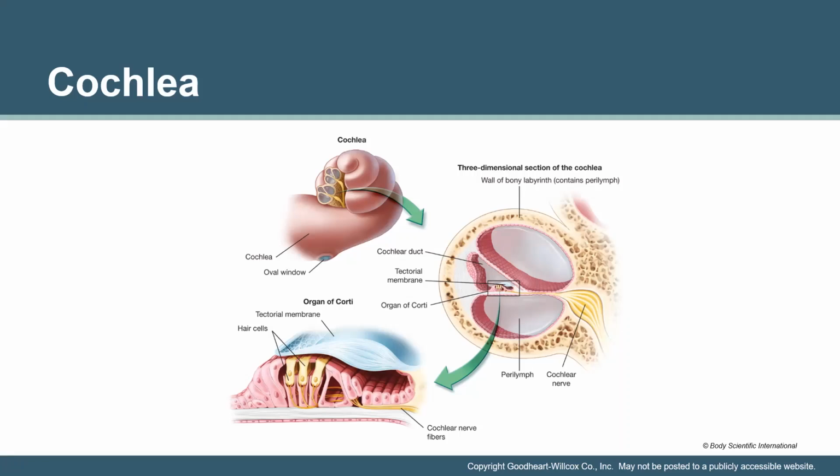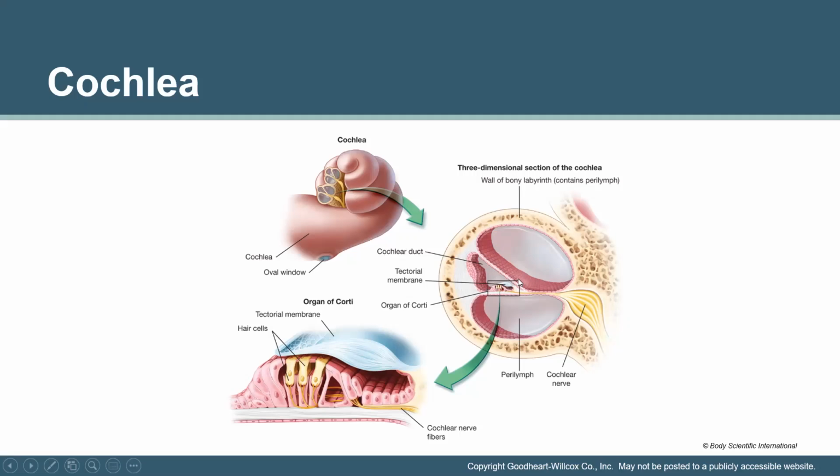amplification process. So the endolymph that we mentioned, and the membranous labyrinth, will cause something called a tectorial membrane. And if you look at this picture, you can see where that is. Okay, so we have this little membrane here.